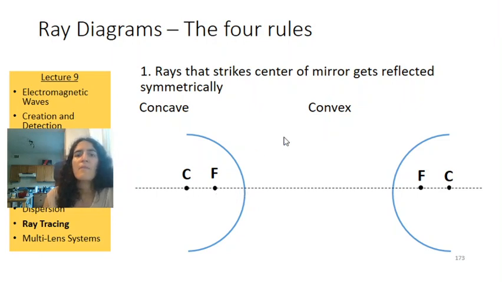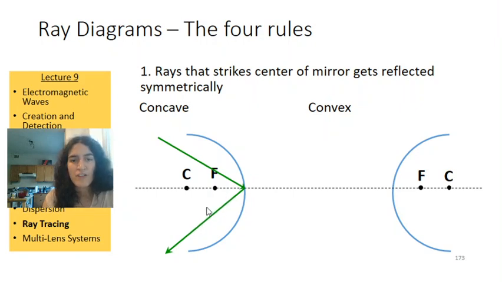The rule is that light rays that strike the center of the mirror get reflected symmetrically. If I have a light beam that hits directly on the axis of the spherical mirror, it's just going to bounce off exactly like it would for a flat mirror, using the law of reflection.